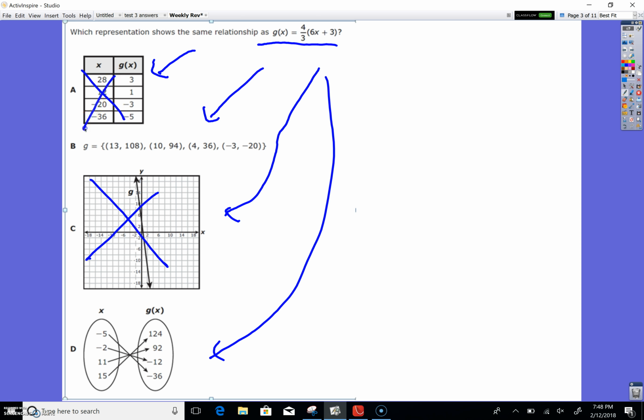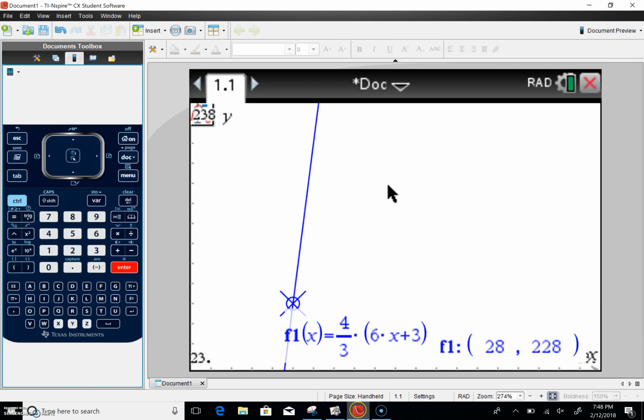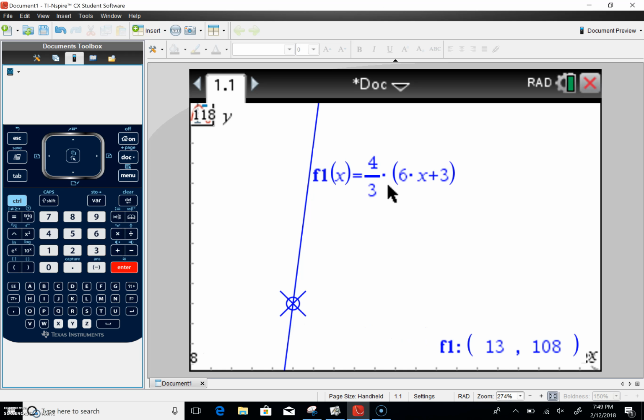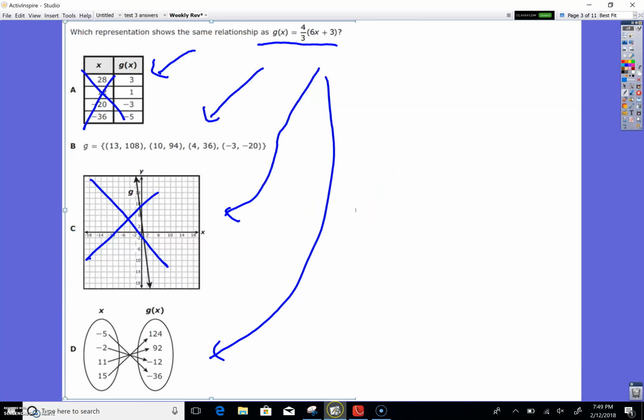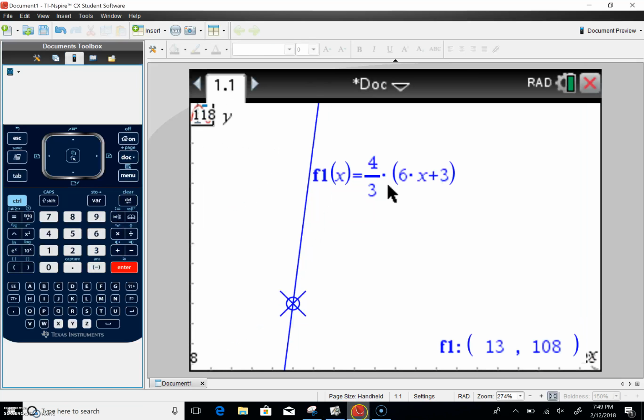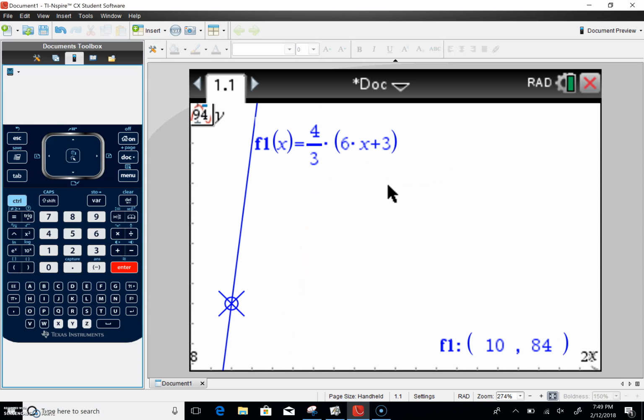That's not 228. I'm going to go with 13. 13 is 108, so that looks good. Then I'm going to go to the next one. So this one checks out. 10, I should get 94. 10, enter. I get 84, so that's wrong.